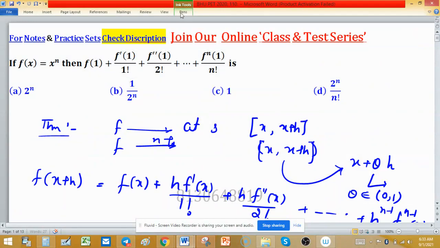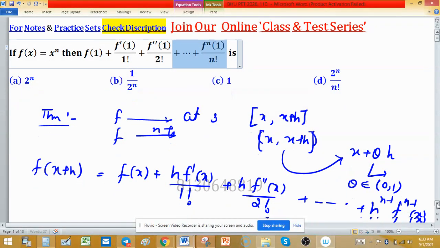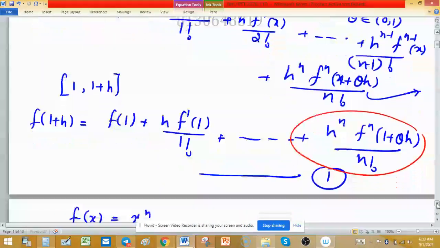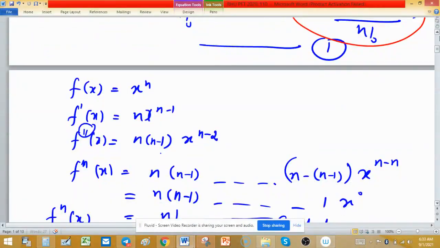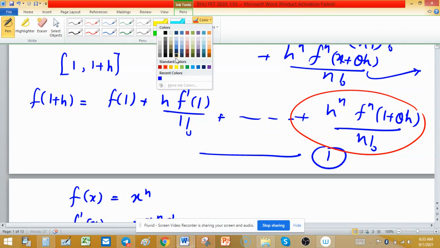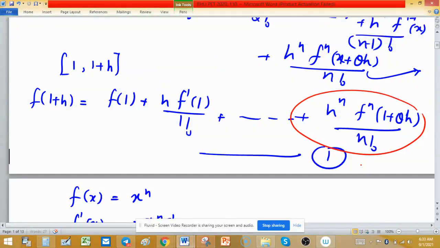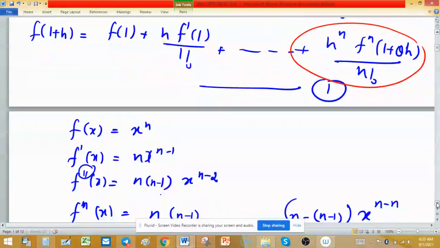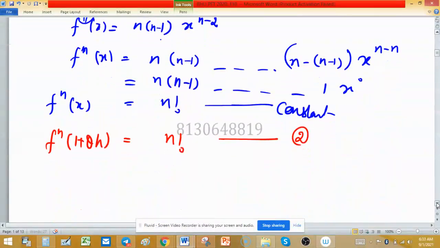Now we have to find the value of f(1), f'(1), f''(1)/2! and so on up to f^(n)(1)/n!. You can see h is not there, so we have to put a value of h in this equation. As you can see in equation 1, if I can put the value of h as 1, then we are done somehow. So I'm trying to put the value of h as 1.